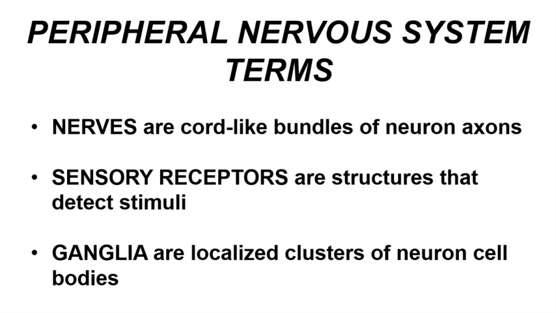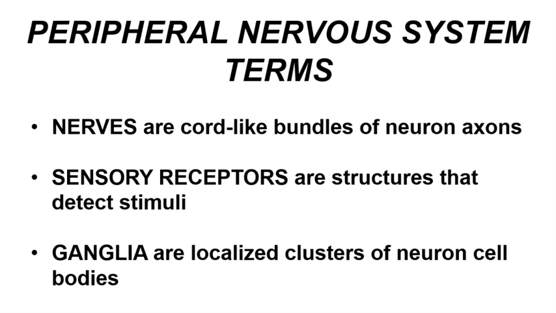So they will transmit sensory information to the central nervous system, or they will also transmit information away from the central nervous system by sending commands to things like muscles or glands. So you can think of the nerves as the wires that are transmitting information to and from the central nervous system.